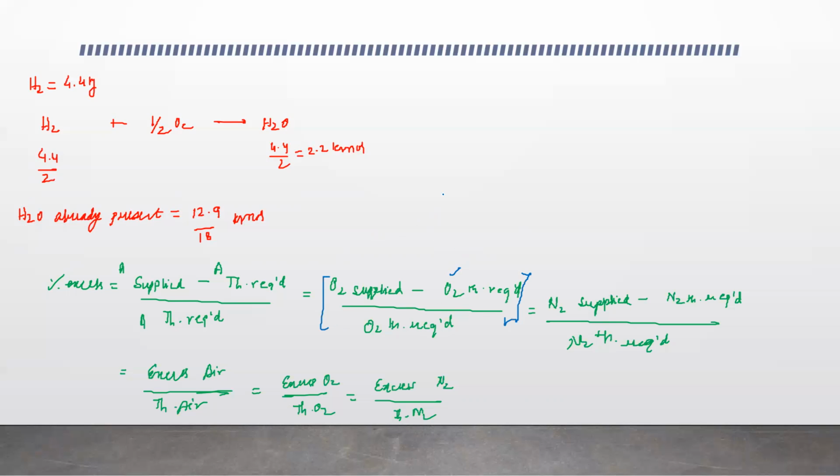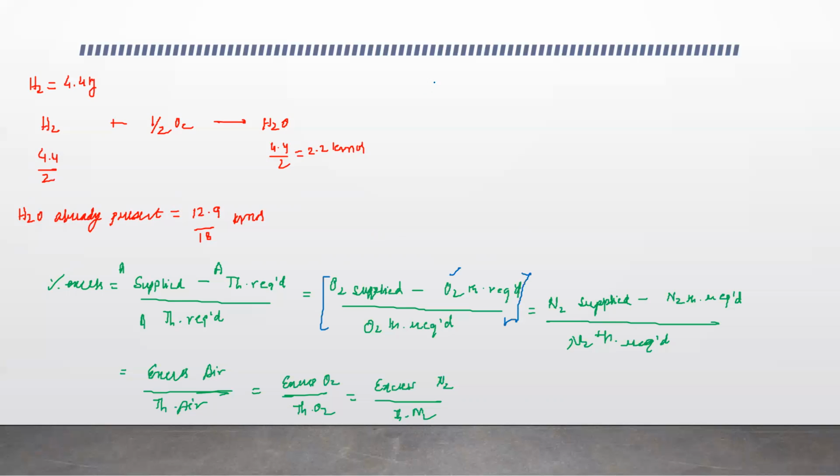So our next aim is to calculate the oxygen theoretically required. That is our main aim for now. Once we have this, we'll be able to calculate the rest of the things.